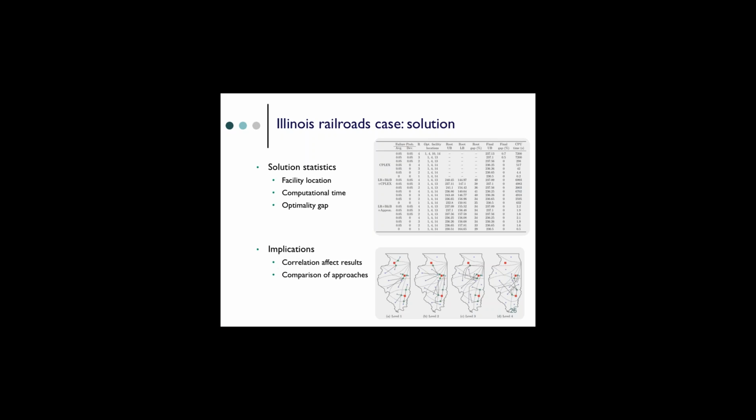Then these four pictures show the decisions of the model in one case. Here we built 3 facility locations in a network, and each picture shows the customer assignment plans at different backup level.